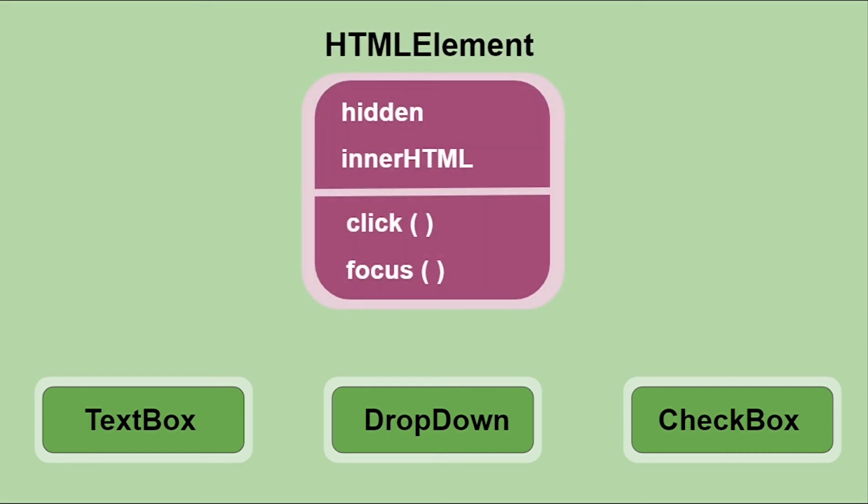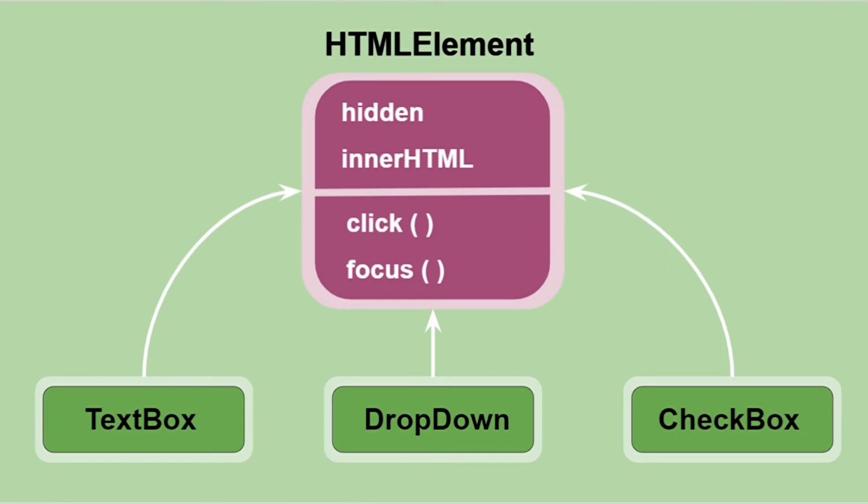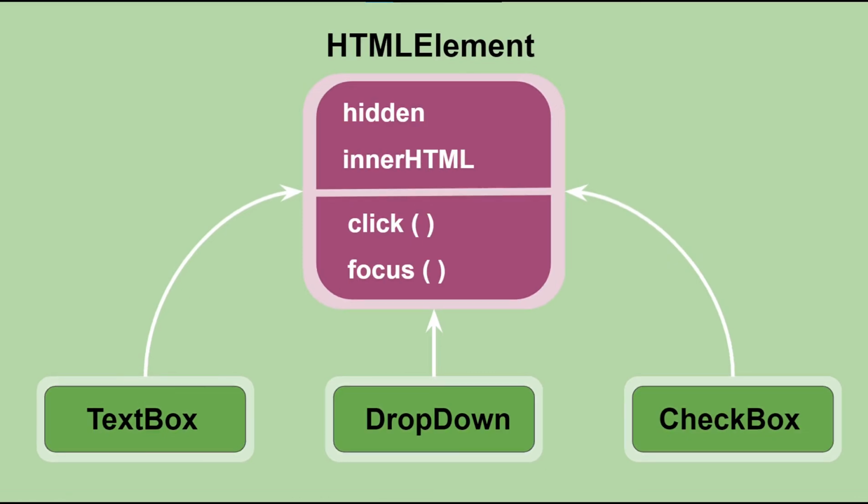They should have properties like hidden and inner HTML and methods like click and focus. Instead of redefining all these properties and methods for every type of HTML element, we can define them in a generic object and call it an HTML element and have other objects inherit these properties and methods. So inheritance helps us to eliminate redundant code.